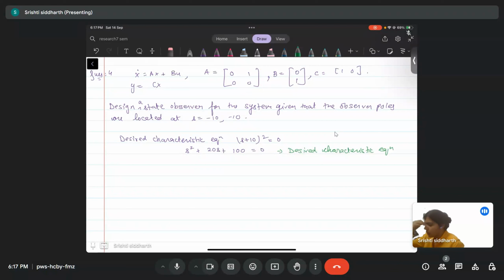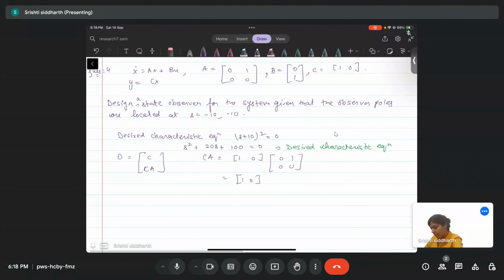Alright, and now we need to apply Ackermann's formula. First of all, let's check if the system is observable or not. The observability matrix is C and CA. Let's compute CA: 1, 0. So this is simply 1, 0 again.